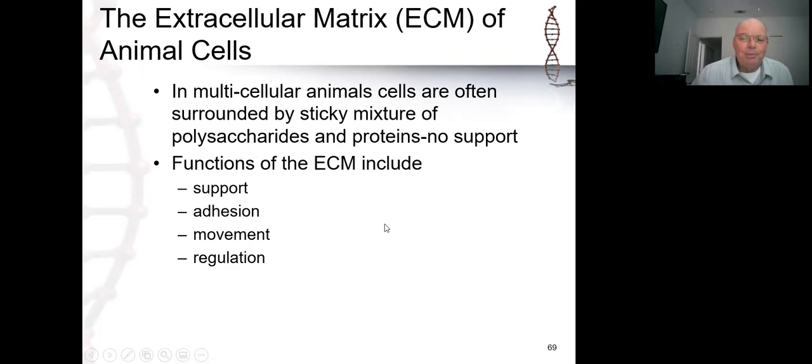And this is made up of protein fibers and complex carbohydrates that form an aggregate material that doesn't prevent the animal cell from swelling, but it does allow the animal cells to stick to each other. It does provide a framework for animal cells to move around, because animal cells will crawl from one location to another during embryological development.